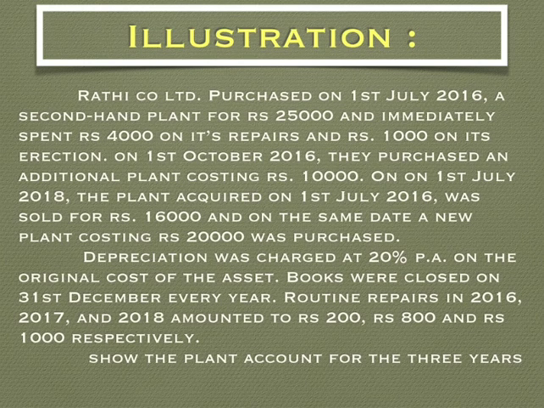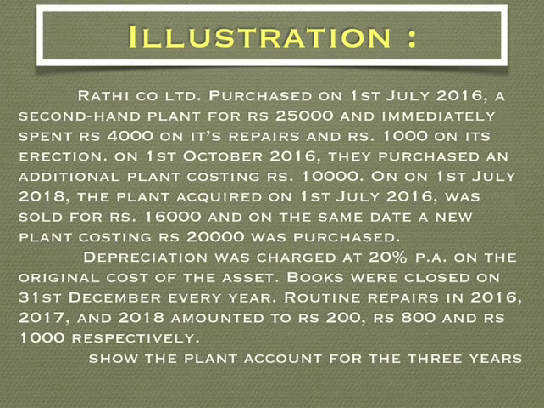On 1st October 2016, they purchased an additional plant costing rupees 10,000. On 1st July 2018, the plant acquired on 1st July 2016 was sold for rupees 16,000, and on the same date, a new plant costing rupees 20,000 was purchased. Depreciation was charged at 20% per annum on the original cost of the asset.